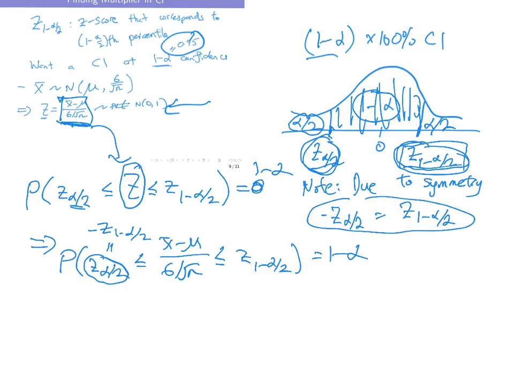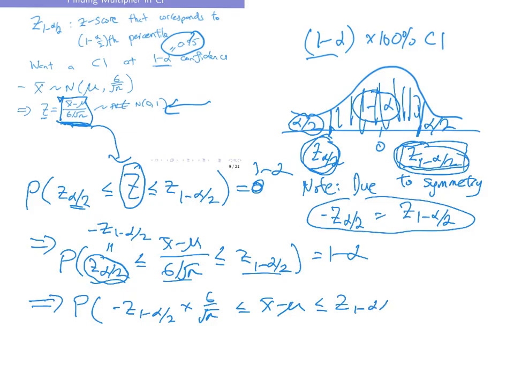And I'm going to multiply every term of the inequality, all three terms, by sigma over square root of n. So this implies the probability of negative z 1 minus alpha over 2 times sigma over square root of n, less than or equal to x bar minus mu, less than or equal to z 1 minus alpha over 2 times sigma over square root of n, is equal to 1 minus alpha.